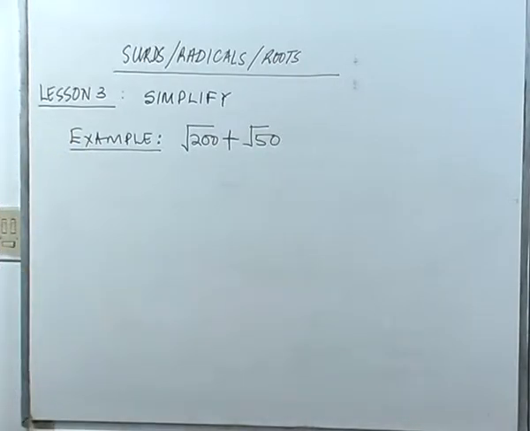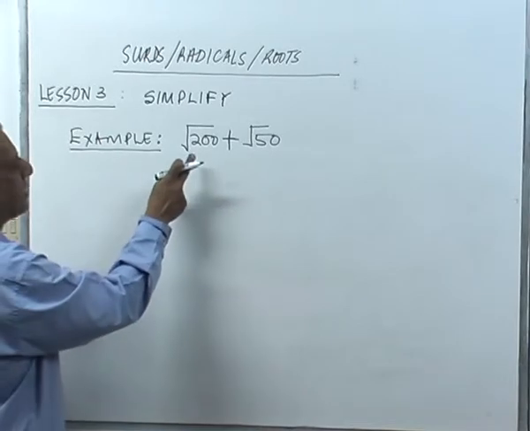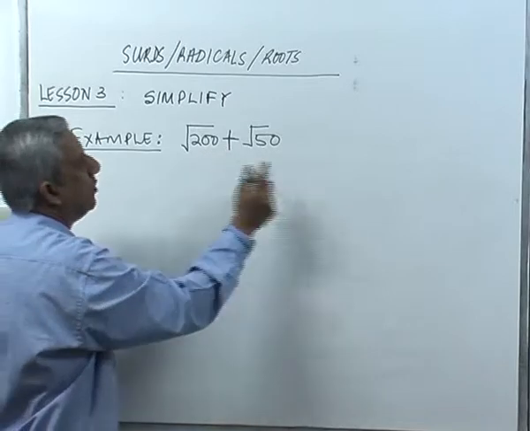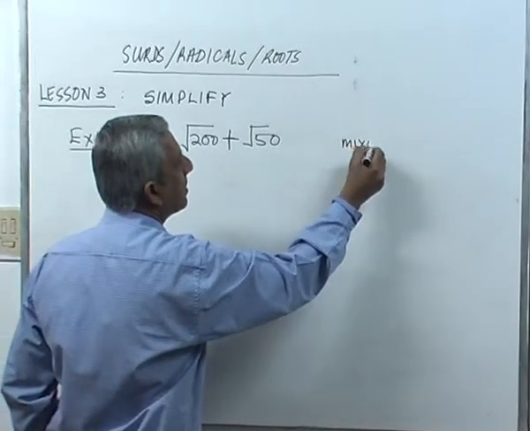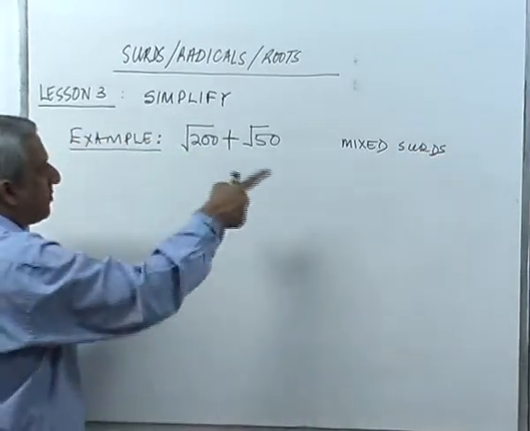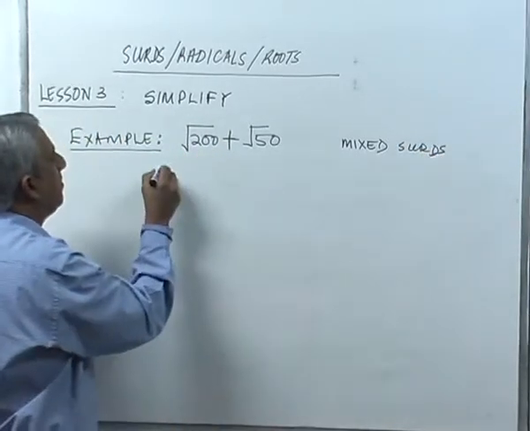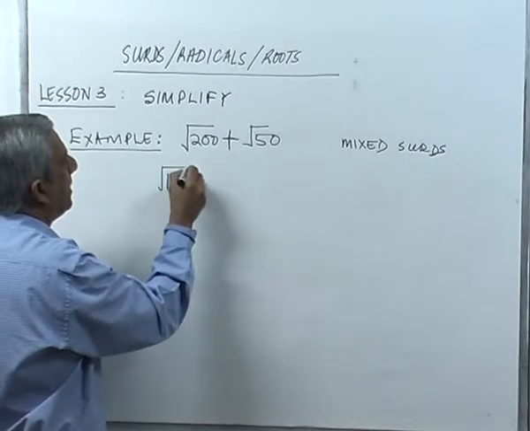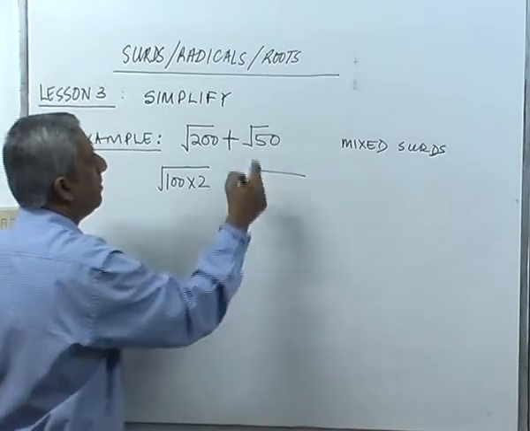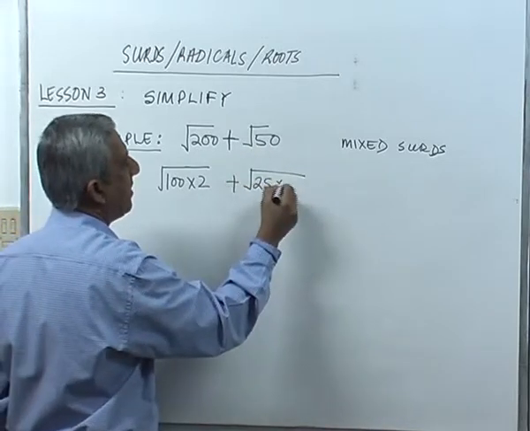So when you look at this example here, you can see that you have square root of 200 plus square root of 50, and you can recall lesson 1 and say, well, I can break that up into mixed surds. That was the first lesson we did. So this will become square root of 100 times 2 plus square root of 25 times 2.